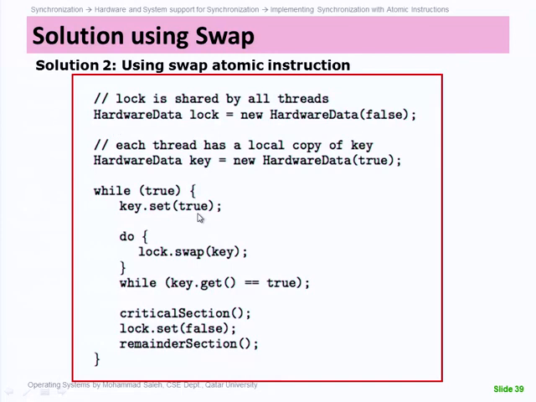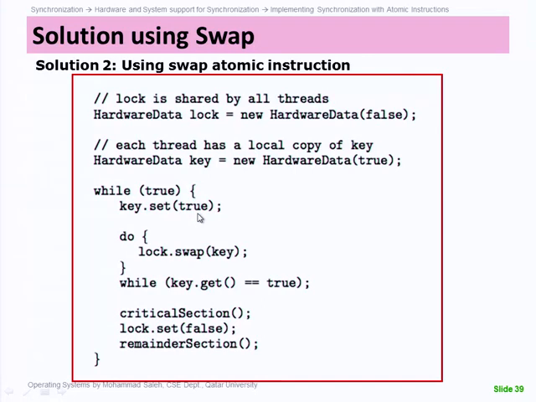Now, the worker will use swap. Will use what? Swap instruction. But if you want to use swap, then you should have another object of hardware, because we're swapping two hardware objects. The swap instruction receives an object of hardware. So fine.